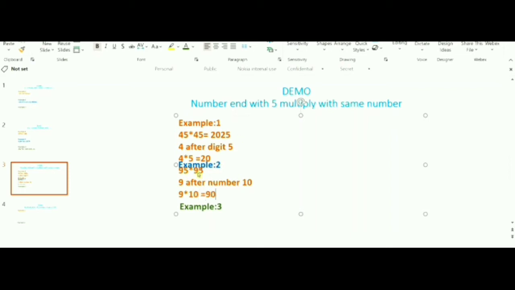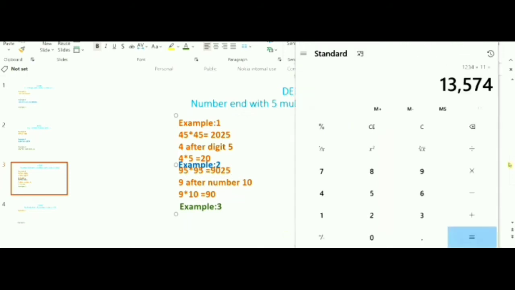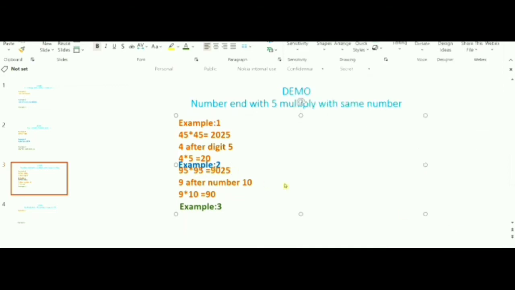So it is 90, then 5 into 5. 5 into 5 is 25. So what should be the answer? Answer is 90 and 25. Let's see. So 95 into 95, what's the answer? 9025.